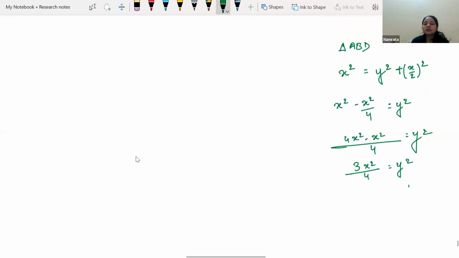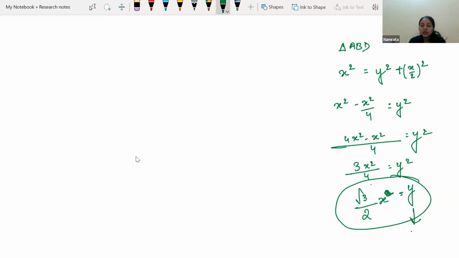That means y is root 3 by 2 x, x only, right? Y is root 3 by 2 x only, because 4 will come out from the square root sign and x will also come out. Square root will be there for 3 only. So we got this relation, which is the length of the median and this is the length of the side.